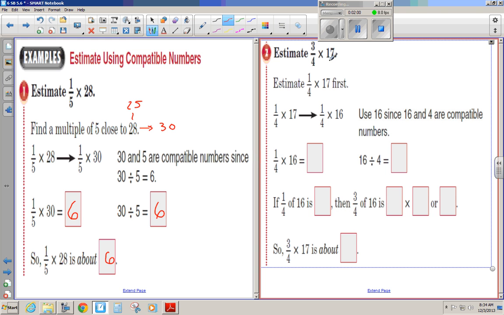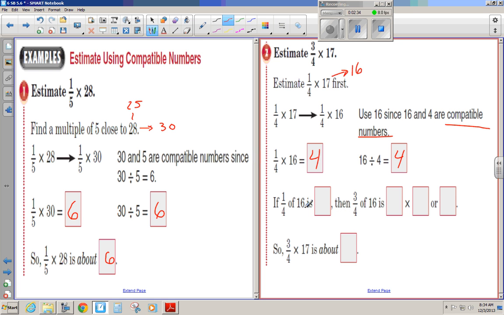All right, 3/4 of 17. Well, 3/4 is a little bit tough because you're going to have to involve a number of things, but 1/4 would be a good first step. And since a denominator of 4 and a multiple of 4 is 16, we should change 17 to 16 because they are compatible numbers. 1/4 of 16 is 4.